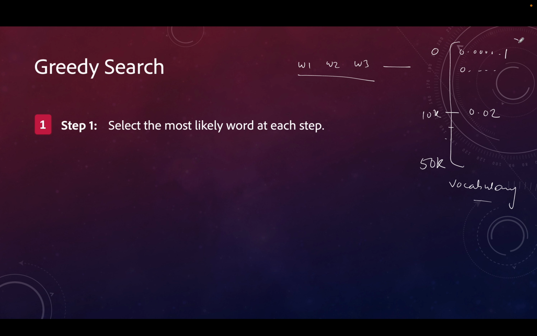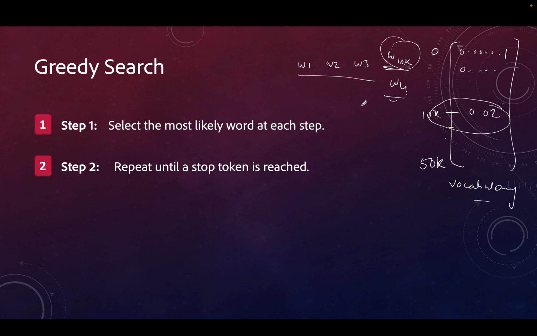So for all the words in the vocabulary, it gives some probability, and whichever has the highest probability, that word comes here. Let's say W10k comes at the place of W4. This is a greedy approach. We repeat until a stop token is reached, or we exhaust the maximum number of tokens.